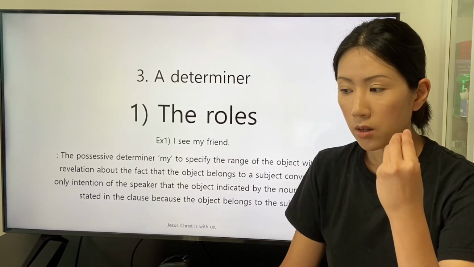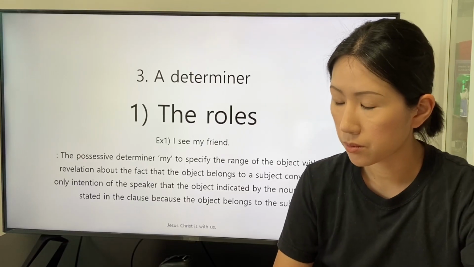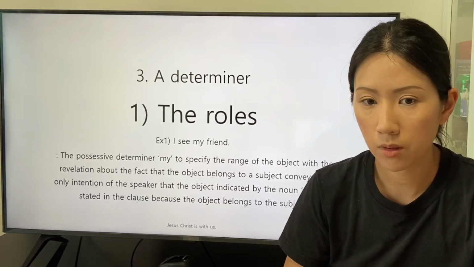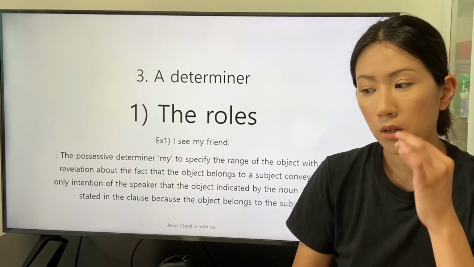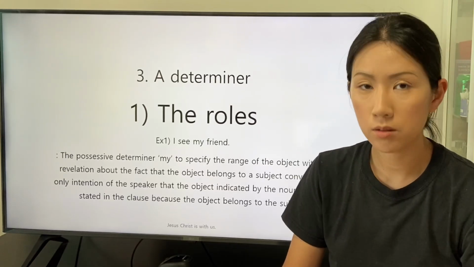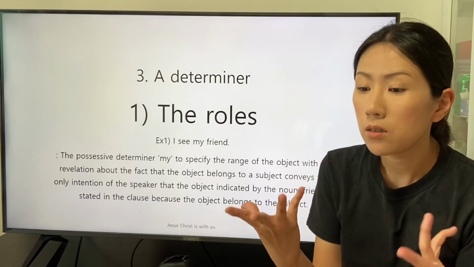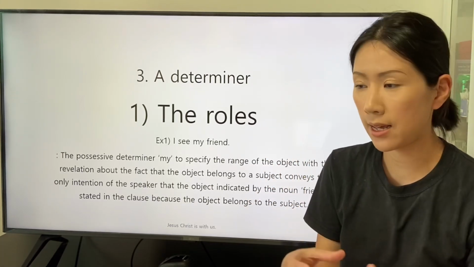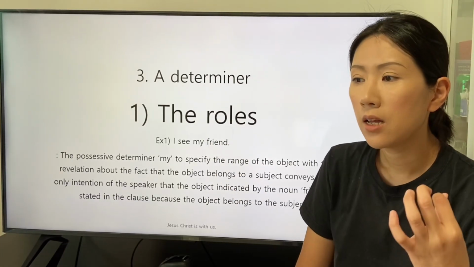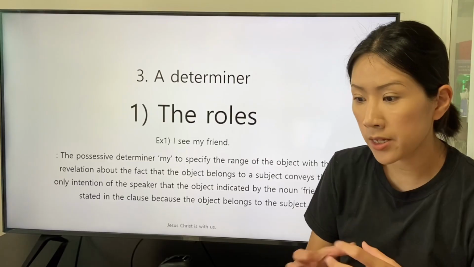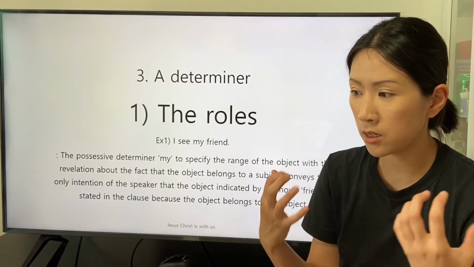The listeners can understand from the definition of the possessive determiner my that the object indicated by the general noun friend belongs to the speaker as the subject. The speaker might deliver the intent to focus on the relationship between the speaker as the subject and the object indicated by the general noun friend.